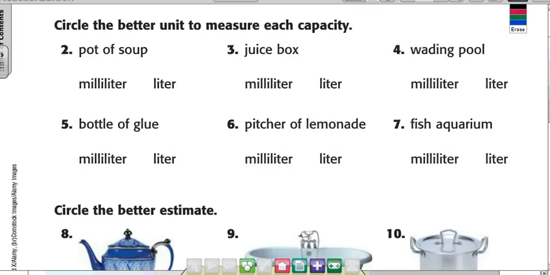If I have a pot of soup, would that be a milliliter or a liter? Liter. How about a juice box? Milliliter. A wading pool? That probably would be a liter. A bottle of glue.